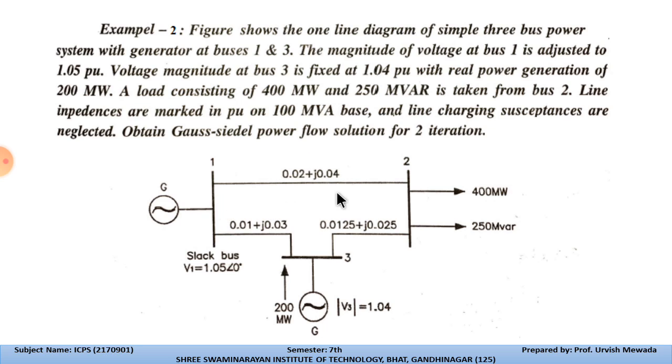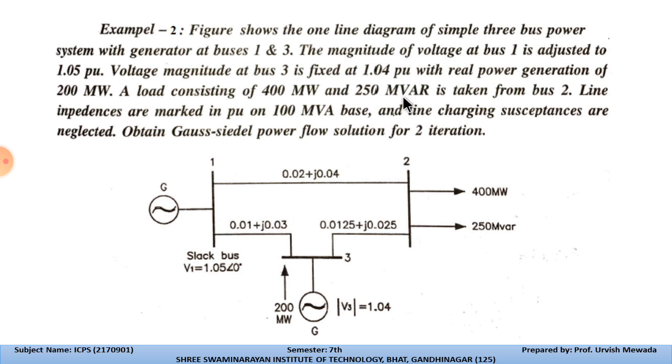So between 1 and 2 this is the impedance, this is the impedance between 1 and 3, and this is the impedance between 2 and 3, and bus 1 is considered as the slack bus. For that V1 is equal to 1.05 at angle 0, so this is the slack bus.